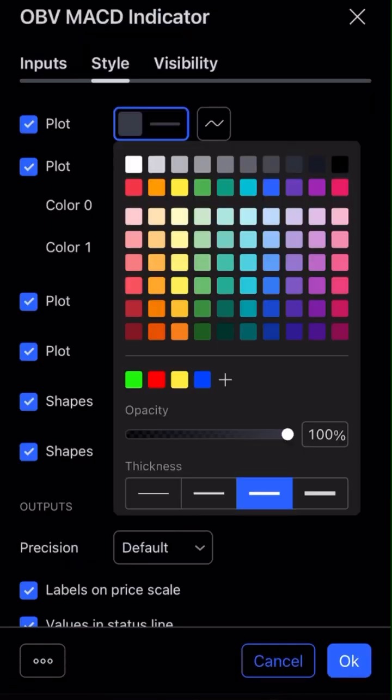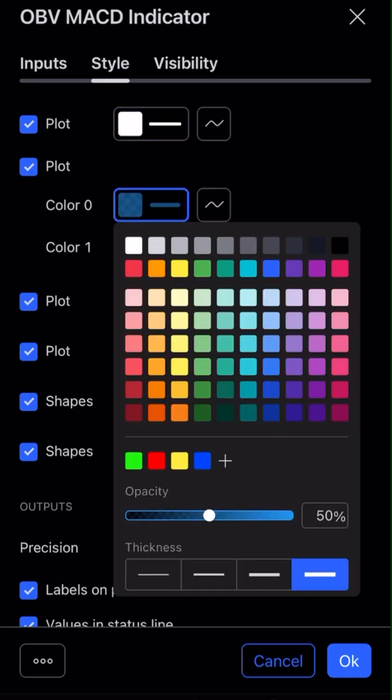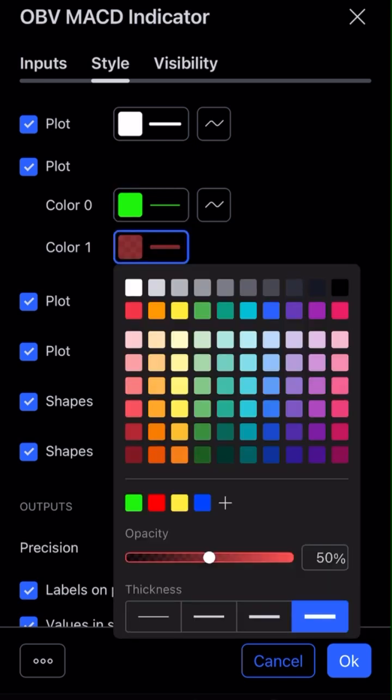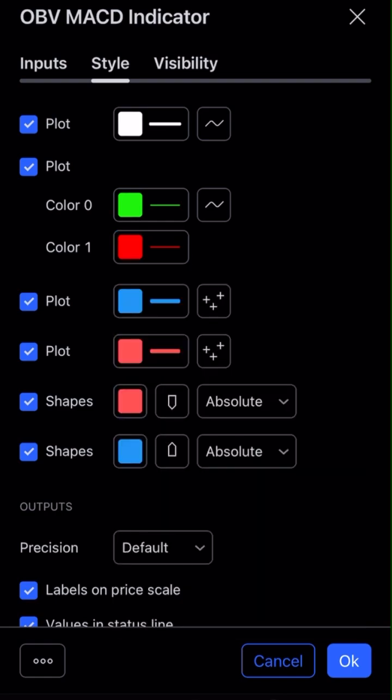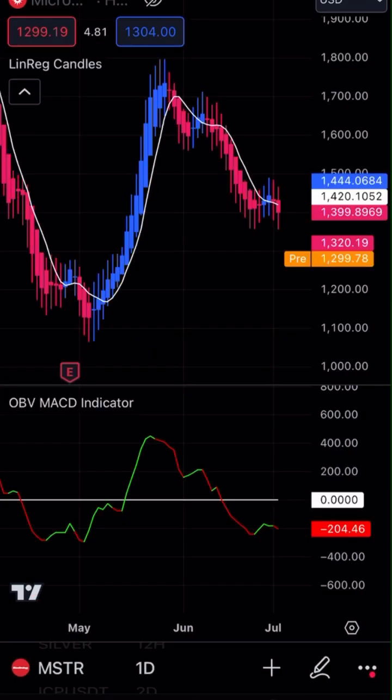By default it'll look like this, so I change it up a bit. I change my plot line to white and make it less thick. These are your bullish and bearish colors. For blue, I make a bright green, turn the opacity up, and take down the thickness. For the bearish, I make a bright red, turn up the opacity, and turn down the thickness. Then it'll look like it does here at the top. So that's how you set it up.